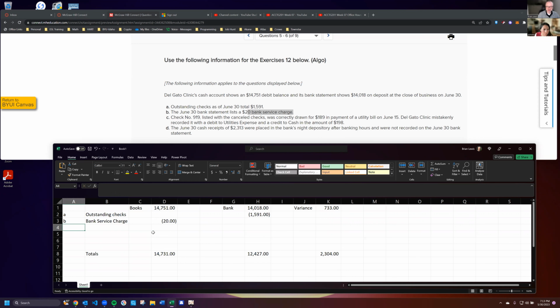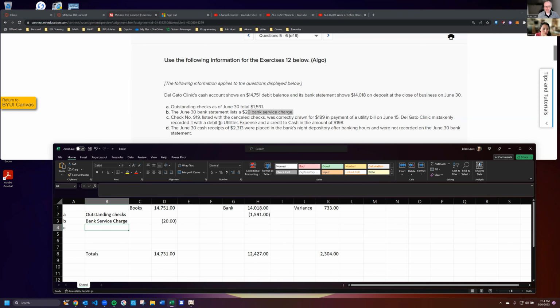Okay. Then C, we're going to have check 919 listed with the canceled checks. Yes, this is the one that I have wrong. Okay. Was correctly drawn for 189 in payment of utility bill on December 15th.